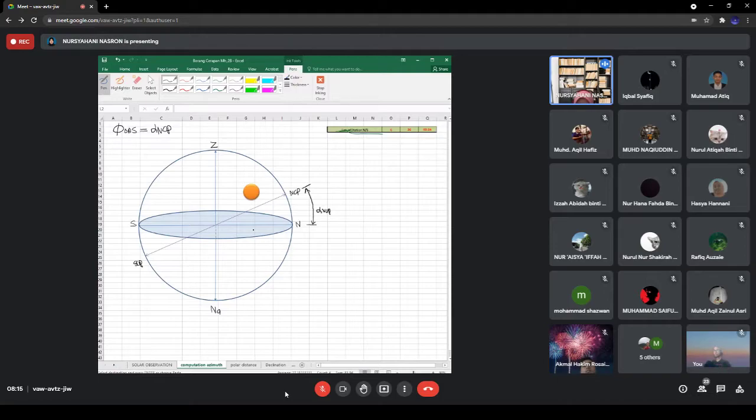After we create NCP and SCP, we can create the celestial equator, where the celestial equator is 90 degrees from NCP and SCP. Again, saya agak-agak je.